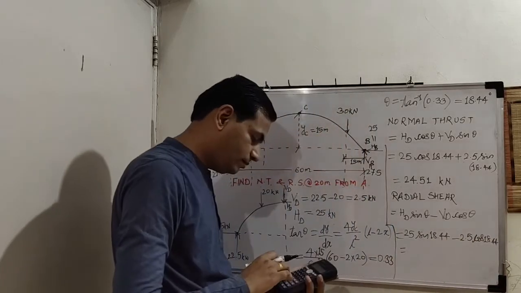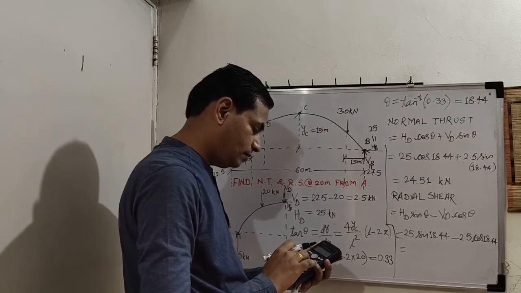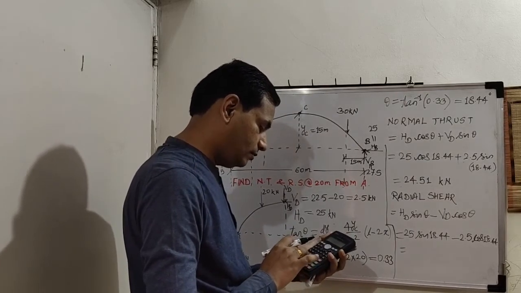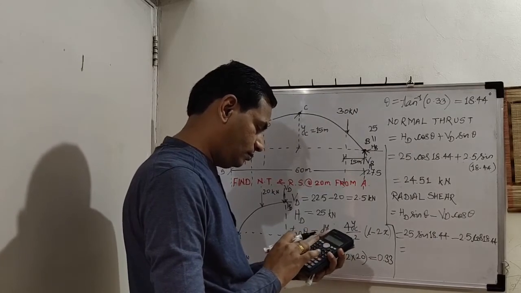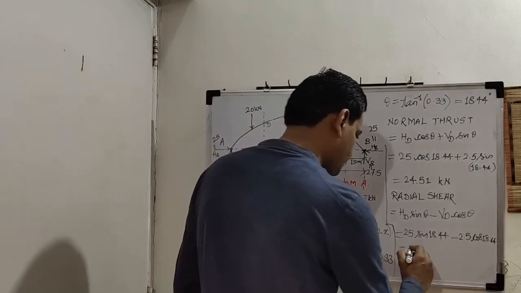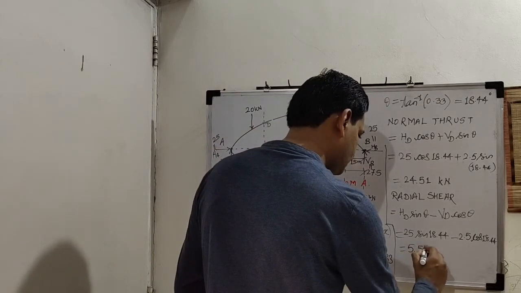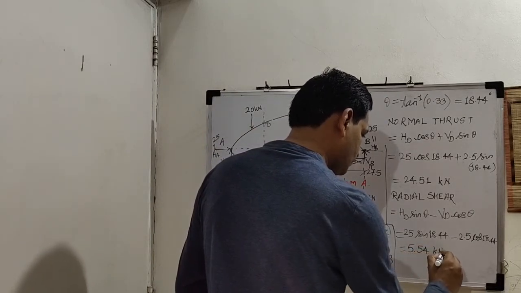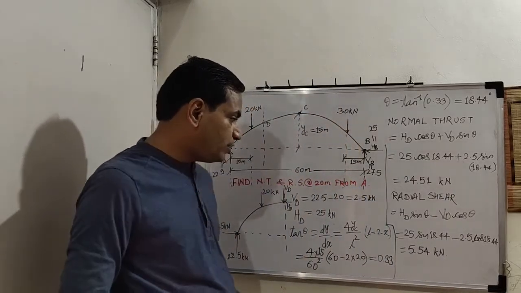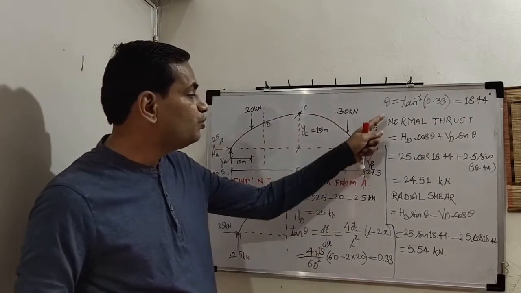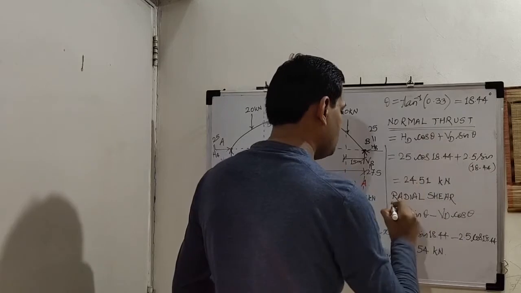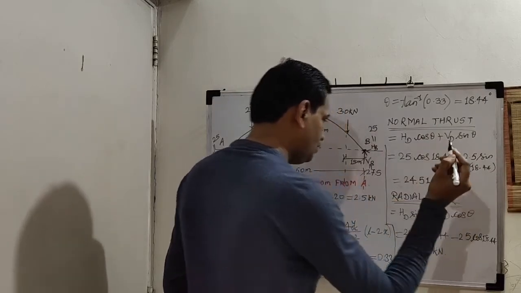Calculate this value. So this is 5.54 kilonewton. Okay. So that is the procedure to evaluate these two terms, normal thrust and radial shear. This is simple.